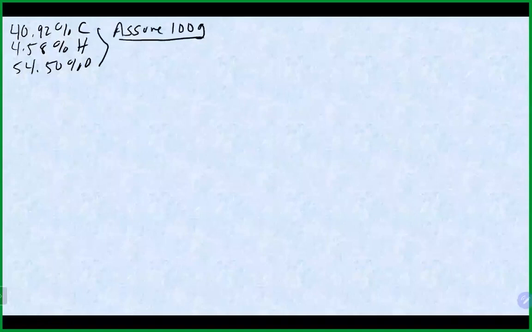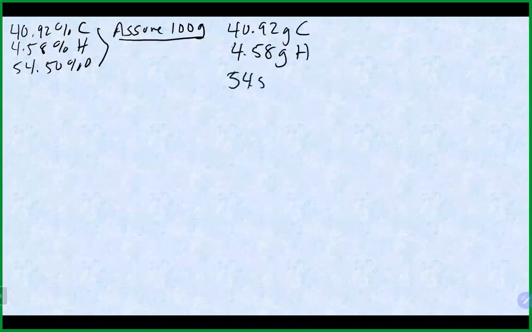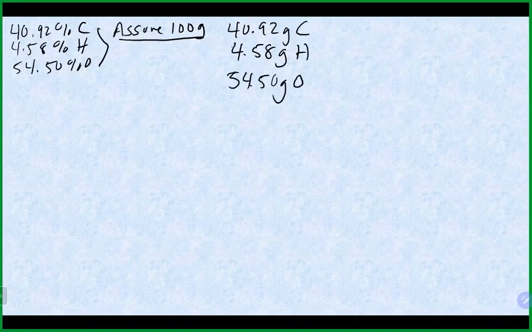That means we have 40.92 grams of carbon, 4.58 grams of hydrogen, and 54.5 grams of oxygen. Assuming 100 grams keeps the numbers the same and makes the math a little bit easier.